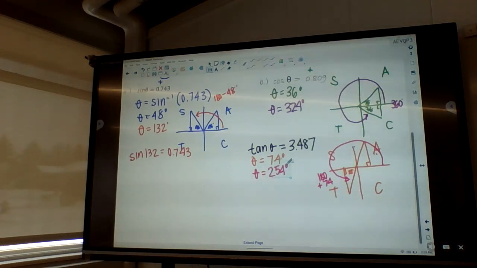That makes sense? Being able to find that first angle should be easy. The second one is a little bit more complicated, and it kind of uses what we used last time. Great. So moving along here.